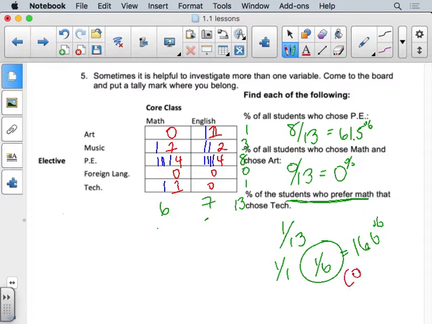Yeah, I was going for conditional. So this is a conditional relative frequency. Are y'all okay with shorthand? If you don't understand, or if you just can't read my bad handwriting, just tell me. So that's a conditional. I put a condition of the students who like math. So I only care about those people.